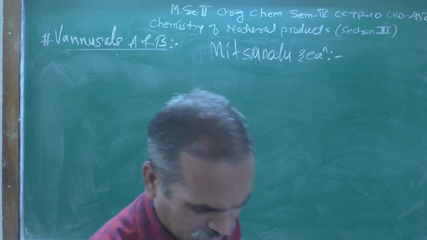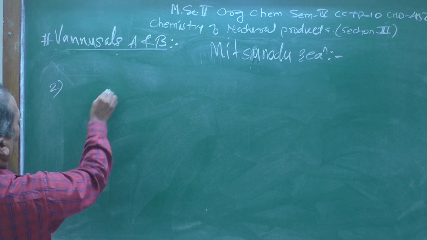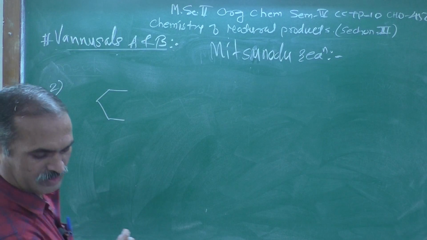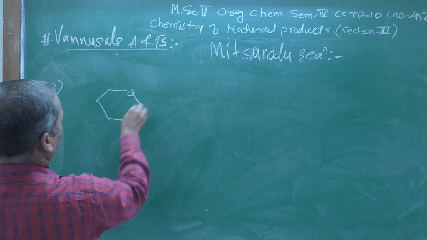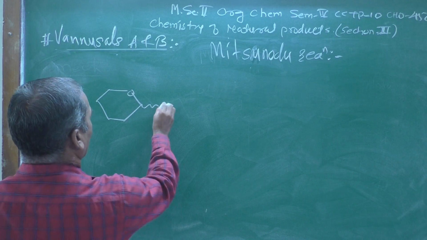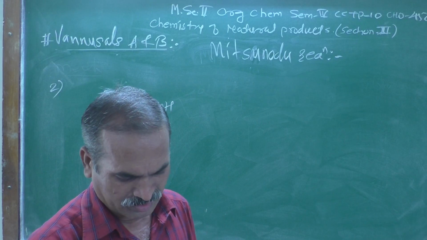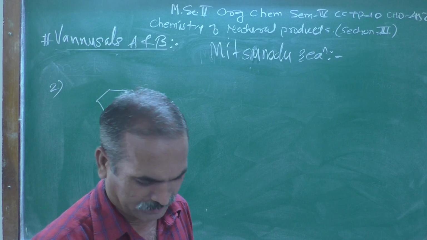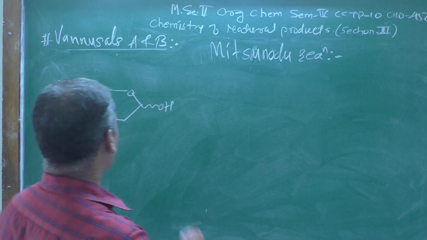Now, one more example, second example, let me draw here. This is a structure which I am showing. Here is a hydroxy group that is shown by a staggered type of bond, means the stereochemistry is not assigned.